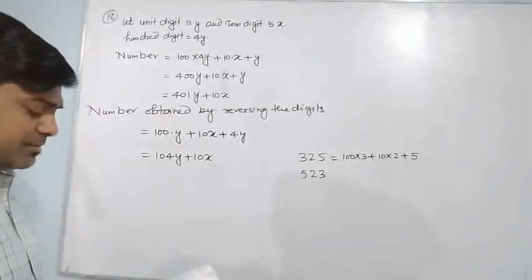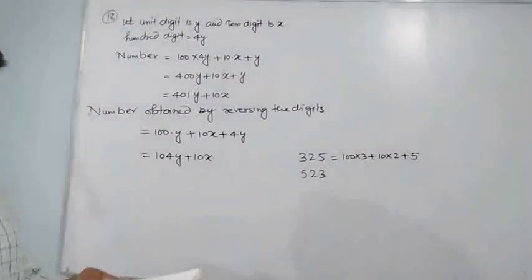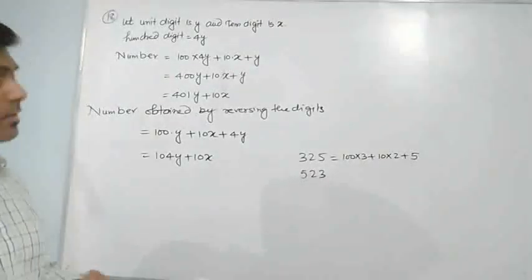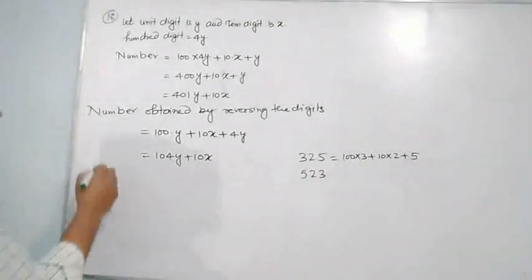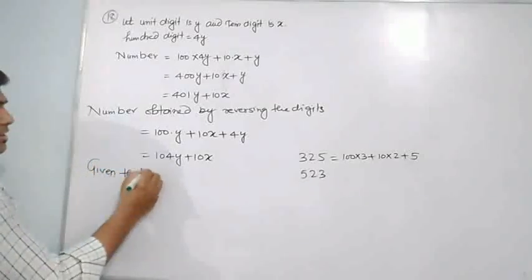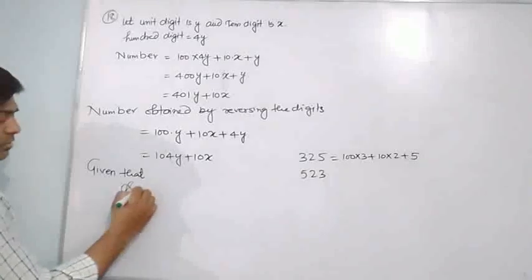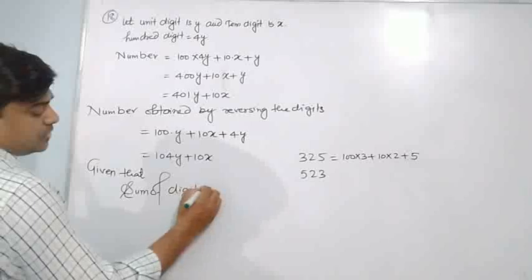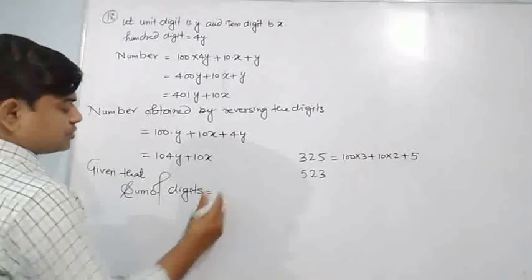The first thing given is that the sum of the digits is 14. The sum of digits is equal to 14.